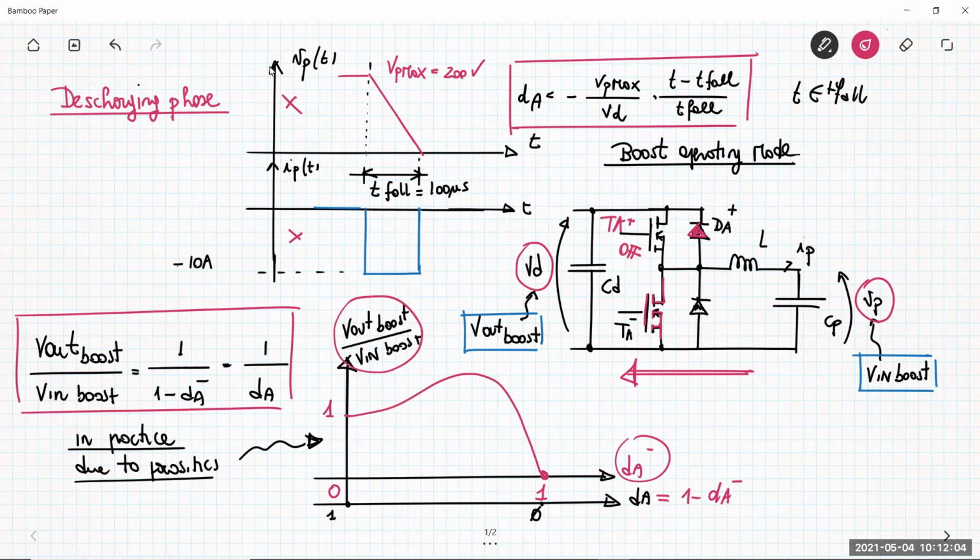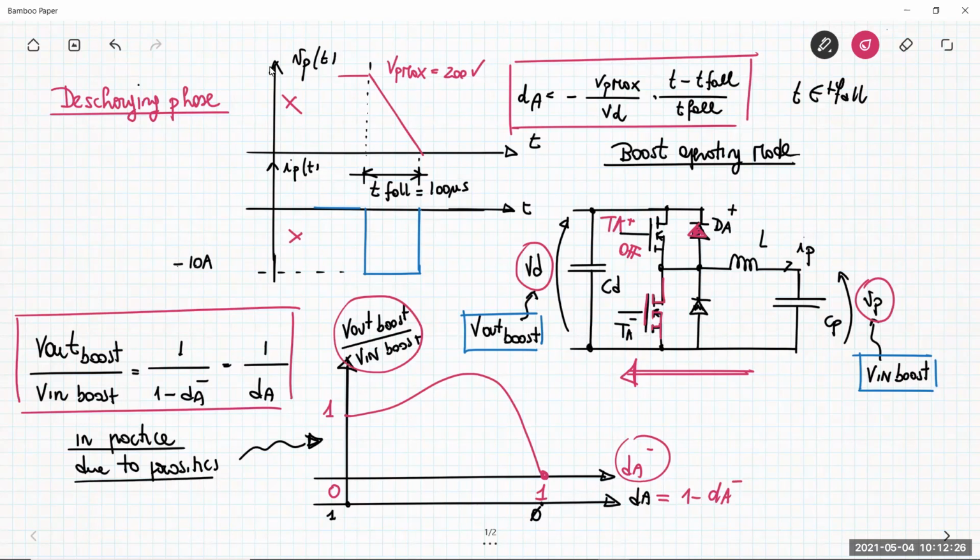You are transferring energy from the output, from the piezo actuator, toward the input. You are recovering the energy that you previously provided to the piezo injector in order to deform it and open the injectors.